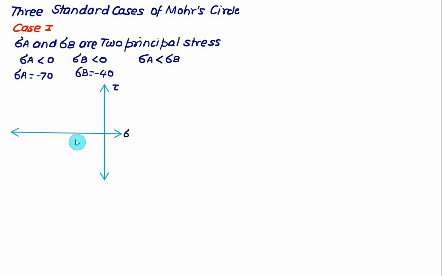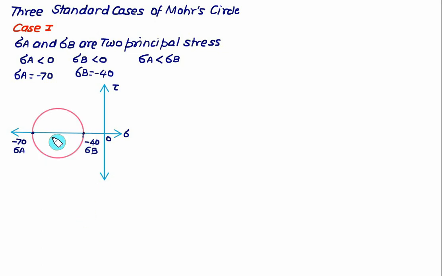Since we are knowing the principal stresses, we can very quickly draw the Mohr circle passing through these 2 principal stresses. So this one is origin at 0, then we have minus 40, that is the value corresponds to sigma B, and this value is minus 70. So this value corresponds to sigma A, this value corresponds to sigma B. You have to draw here a Mohr circle which will pass through minus 70 and minus 40.